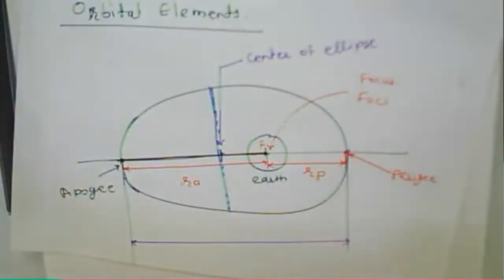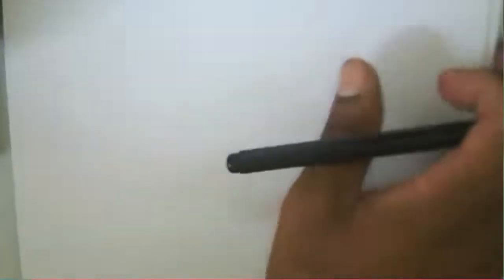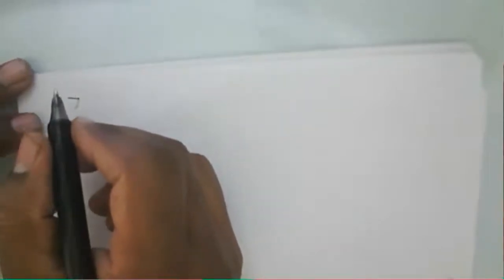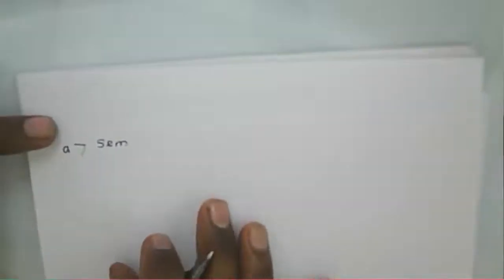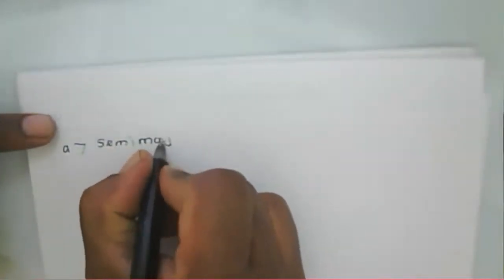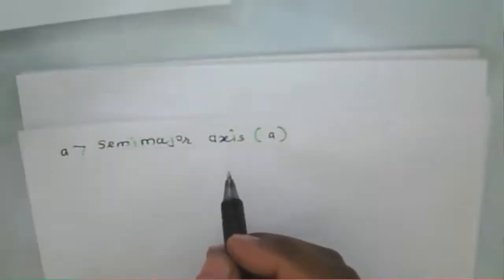Now, we'll consider the semi-major axis, one by one, so you'll get an idea about the orbital parameters. In the orbital parameters, we say the semi-major axis is nothing but a.